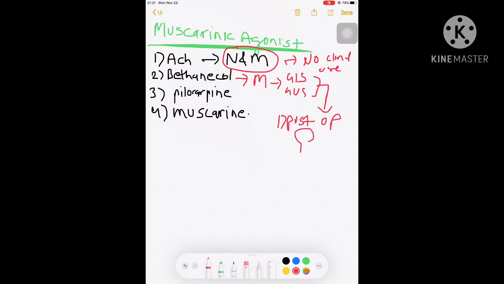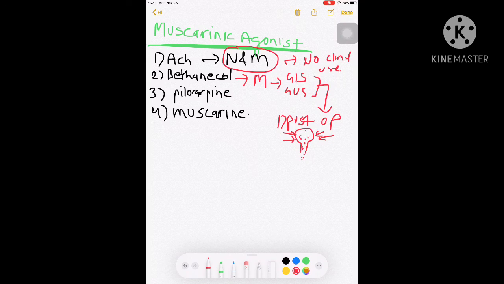What bethanechol does is contract the detrusor muscle and relax the sphincter and trigone. So your urine starts flowing, thus it is used in postoperative urinary retention.